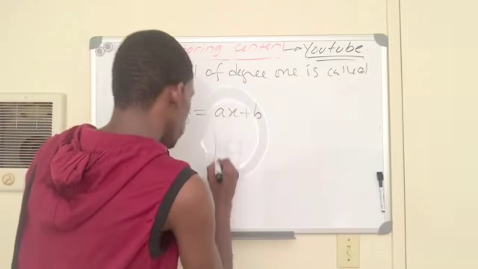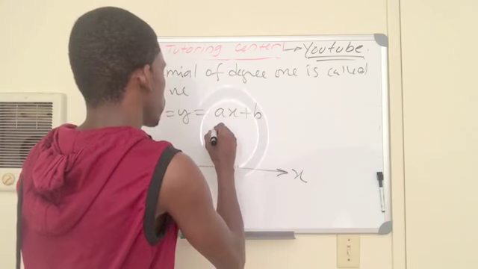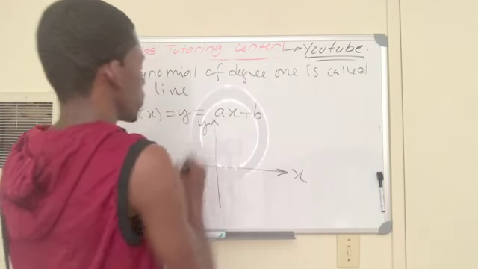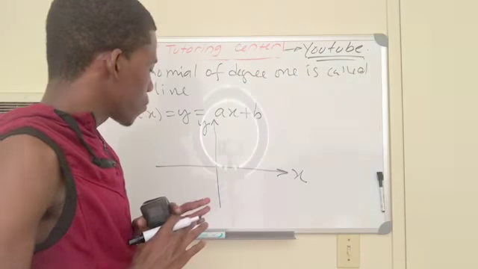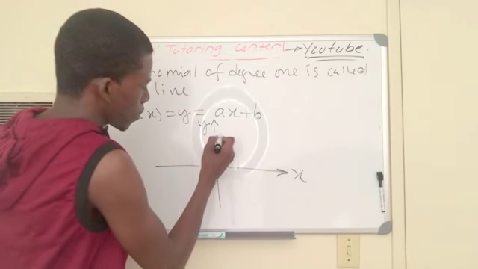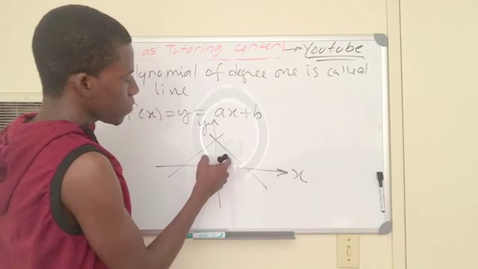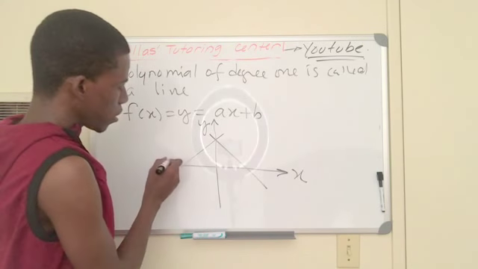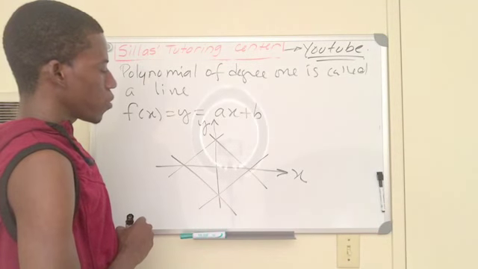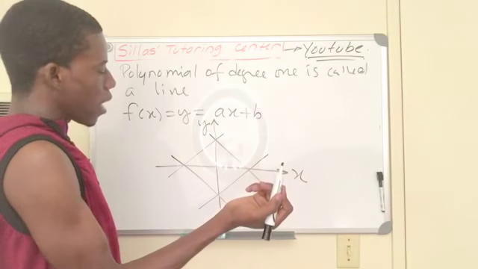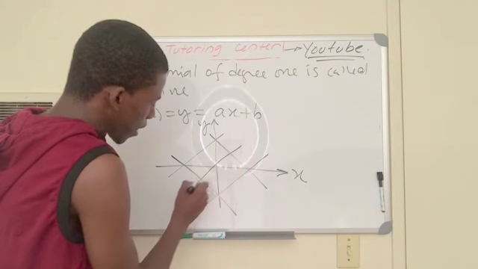So to figure out this polynomial, we have the x-axis and the y-axis this way. There are only 4 ways a line can behave. It's either in the first quadrant, the second quadrant, the third quadrant, or the fourth quadrant. I would say 6 ways, but the other 2 are the basic ways, exactly at the center.